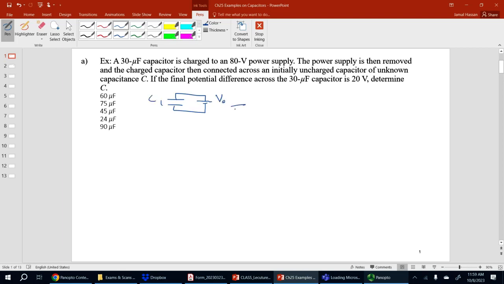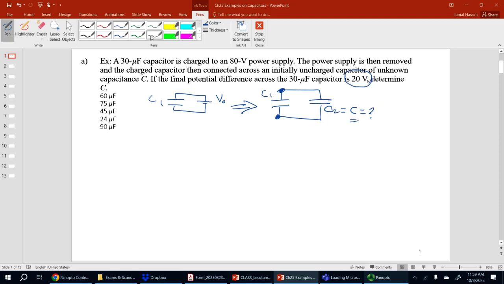Then we remove the power supply and connect C1 to another capacitor, let's call it C2, which is equal to C. It's unknown. The question says the potential difference after this rewiring, the potential difference across C1, across these two points, is equal to 20 volt. So we need to find the value of C.